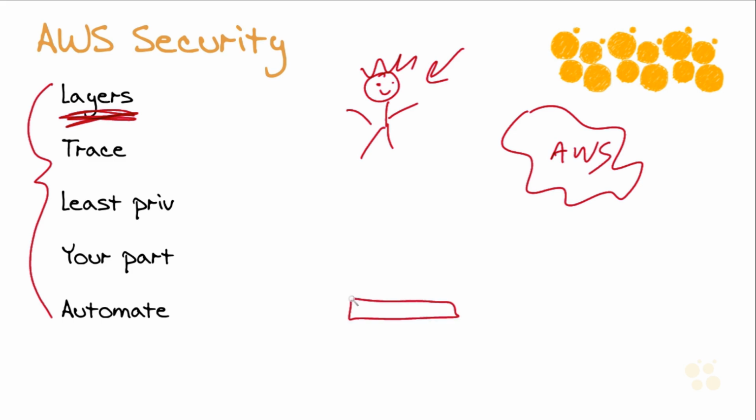So you're going to have like your network infrastructure layer, you're going to have databases, you're going to have servers, you're going to have elastic load balancers. All of this stuff needs to be secured. So you want to make sure at every single layer you are adding the appropriate security.